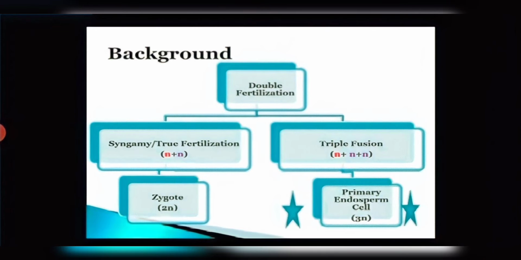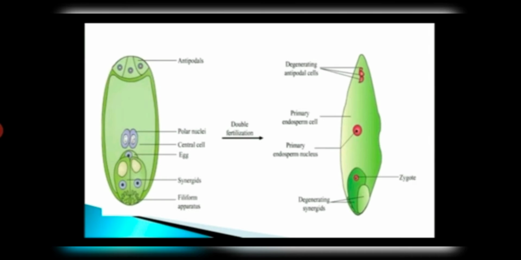So let us discuss endosperm formation in plants. Just see in this slide how double fertilization occurs, and what the result of double fertilization is. See here, the polar nuclei are present at the central cell of the embryo sac, and there are antipodal cells, synergids, and the egg cell.